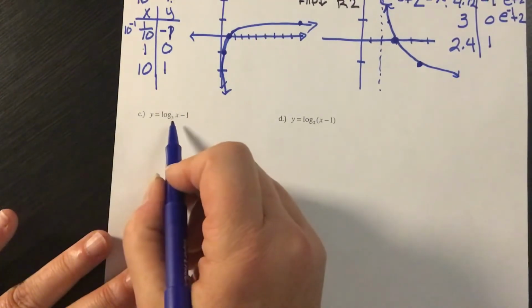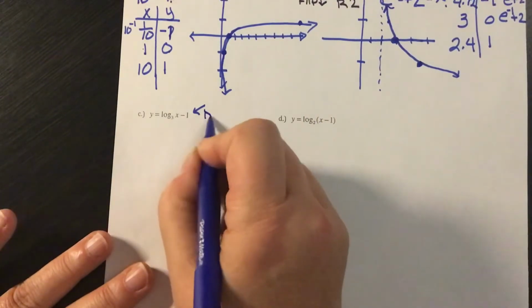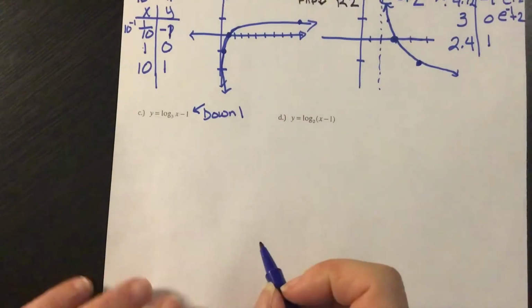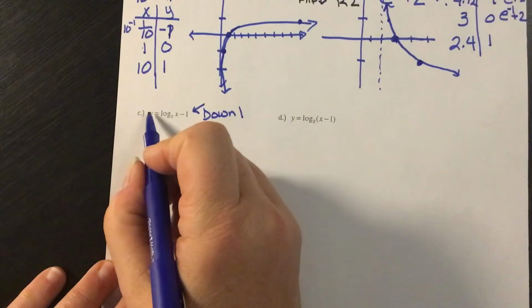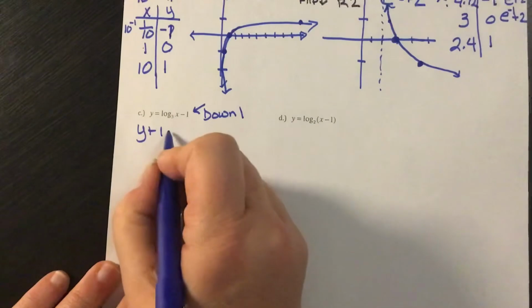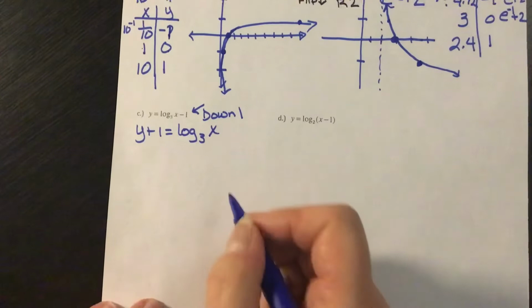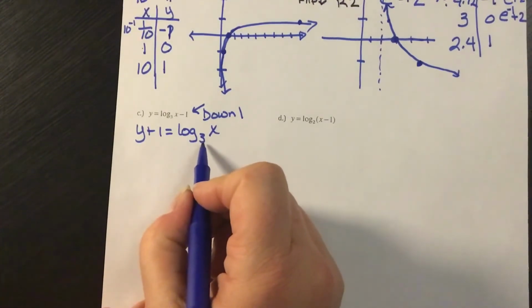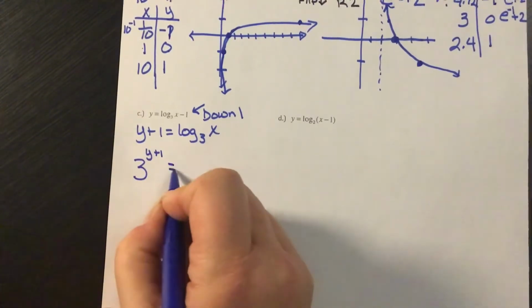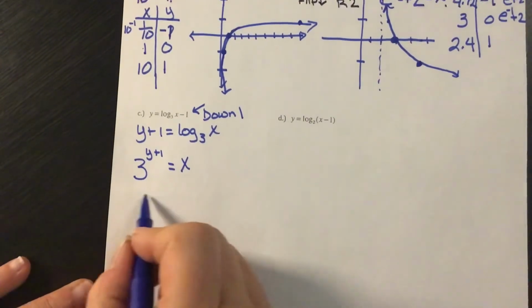Okay, so if I just look at what this means, this is going to mean a shift, and it's going to go down 1. Okay, so keeping that in mind. So if I move the y, or the -1 over here, I have y plus 1 equals log base 3 of x. So now I'm going to write the exponential sentence of 3 to the y plus 1 equals x. And let's make that table.